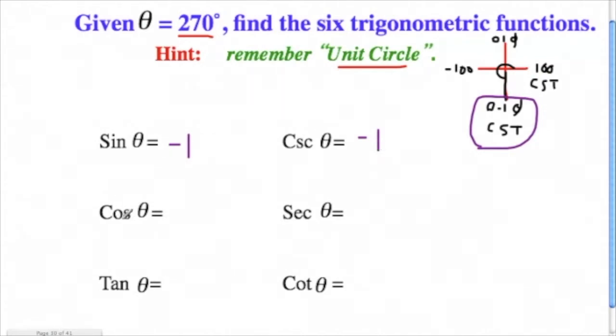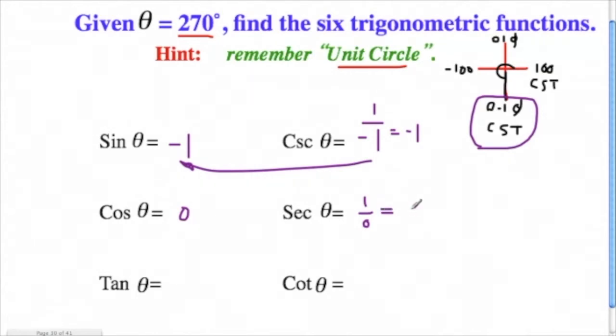Now, when we have cos, it's 0. Now when we do the secant, it's 1 over 0, right? This one is really 1 over that answer. Now in math, 1 over 0, you can't divide by 0.